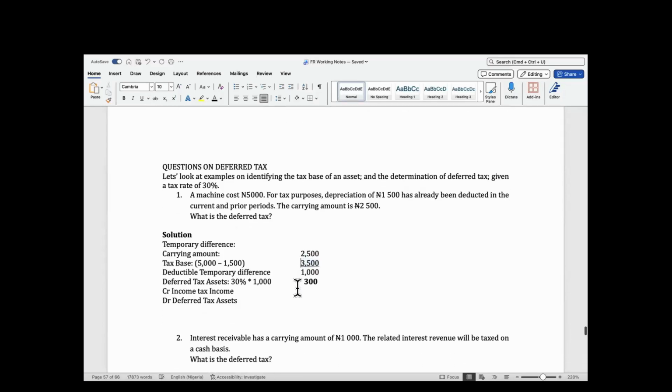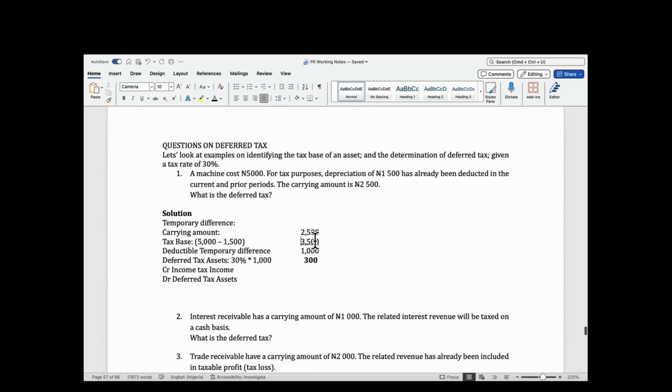So for assets, you would then be able to identify that the taxman is ready to give me more than what I want to charge, which is 2.5, by 1,000. So the taxman is going to give me more deductions. Whenever I can see that I will have deductions, this one is always interpreted in this way.